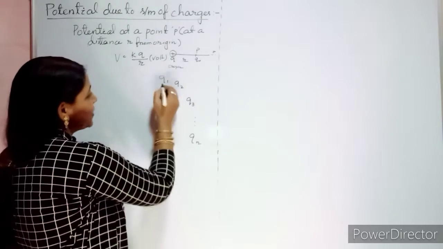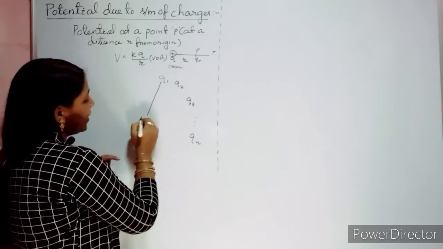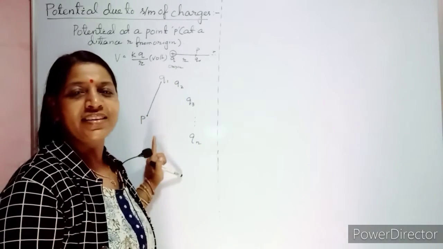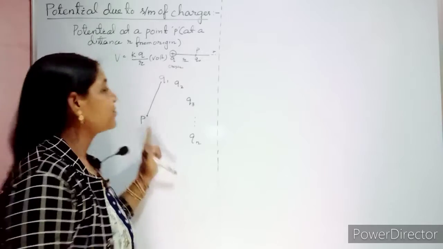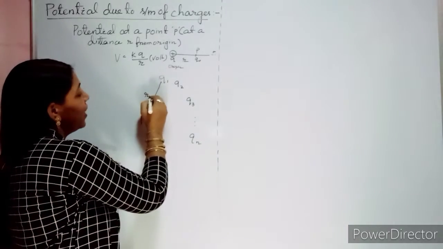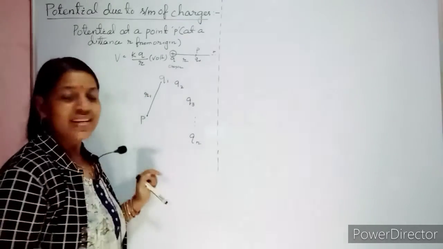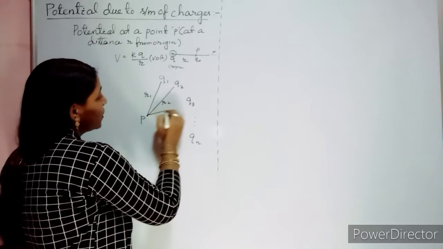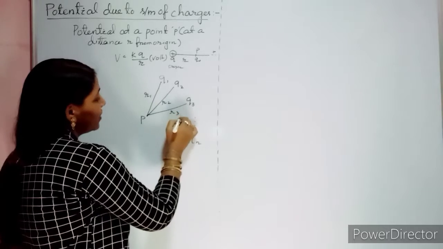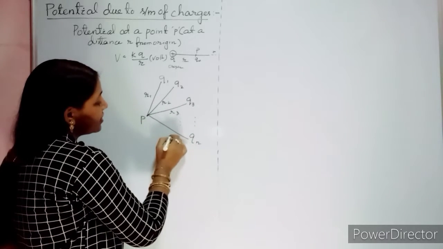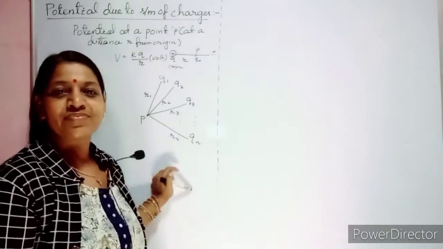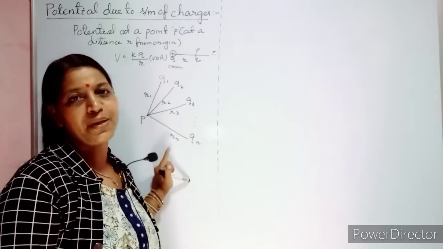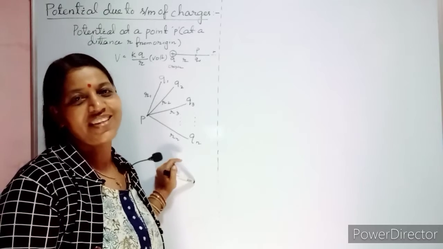Let P be the point where you want to measure your electric potential. Q1 is at a distance of R1, similarly Q2 at a distance of R2, Q3 at a distance of R3, Qn at a distance of Rn. These are the distances of the charges from point P.